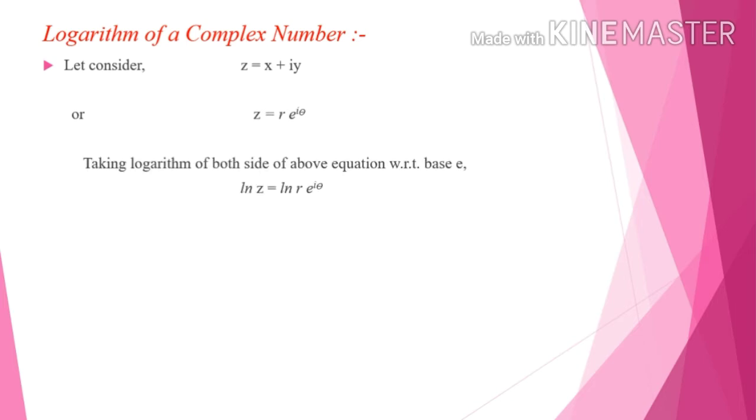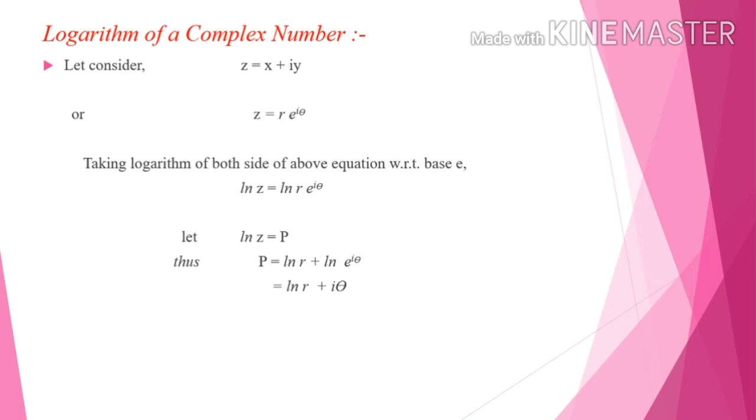So if we take logarithm on both sides of the above equation with respect to base e, then we get ln of z is equal to ln of r e raised to i theta, right? Then let ln of z equal p.